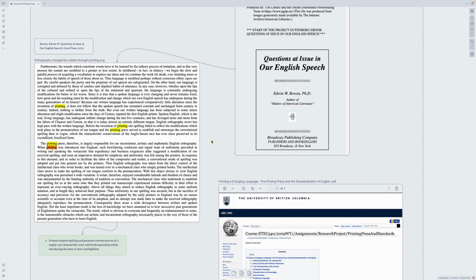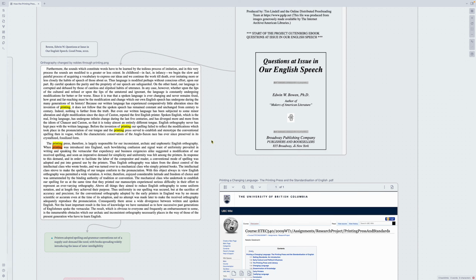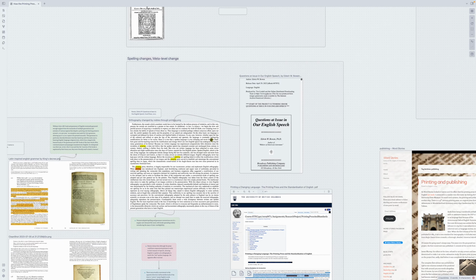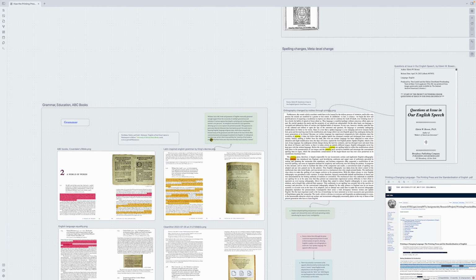But at the end of the day, the two main outcomes for orthography were that we kept this conservative etymology-based orthography, and also just orthography in general was standardized through the printing press, which would not have been, at the very least, would have been much more difficult with manuscripts.